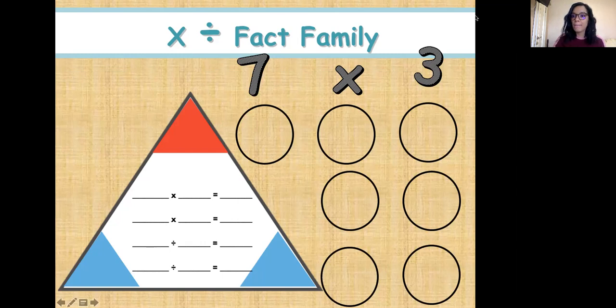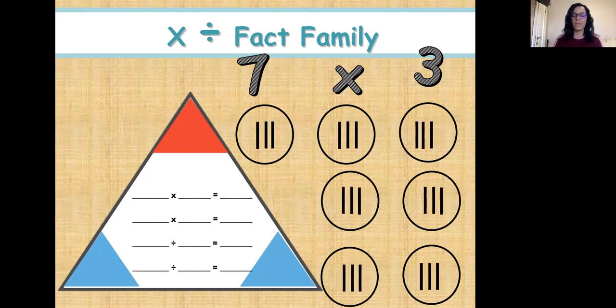If we look at the numbers, I'm going to move myself a little bit. Maybe I'll put myself over here today, okay? 7 times 3, okay? I did 7 groups, this number. So then I need to put 3 in each group. 3, 3, 3, 3, 3, 3, 3, okay? If I count them all, I'm going to count all of my tallies.